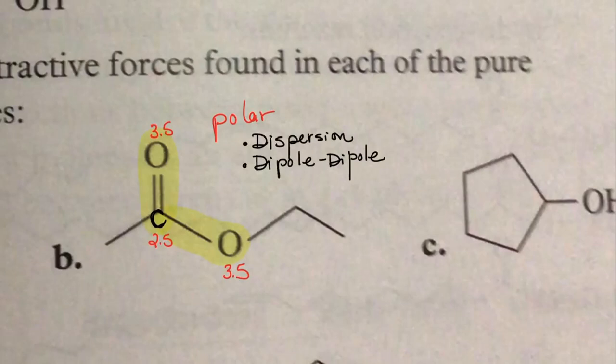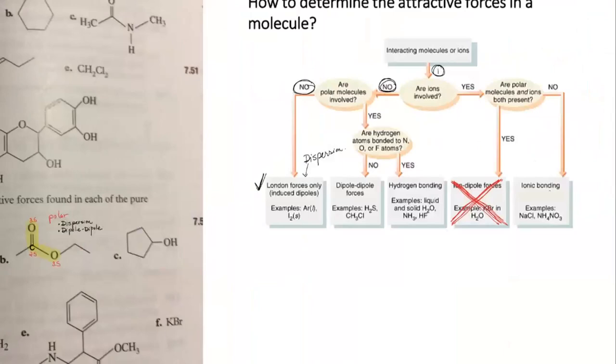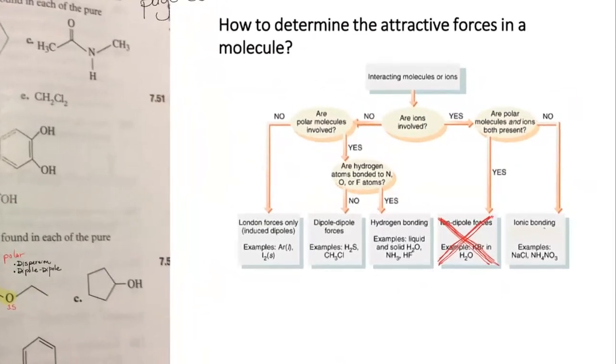Now, if we look at the flow chart that I was just utilizing, and let me just erase the work that we did for the first molecule. This is going to help you to determine the strongest attractive force.